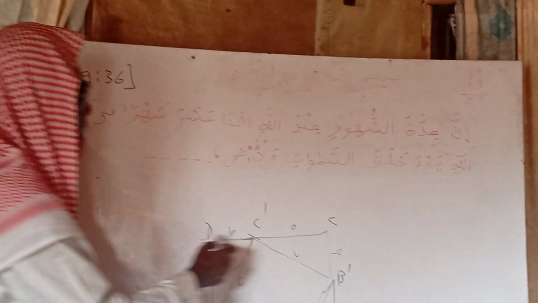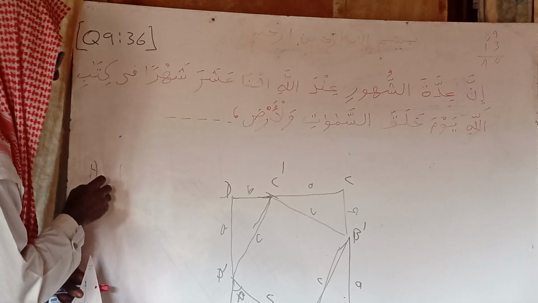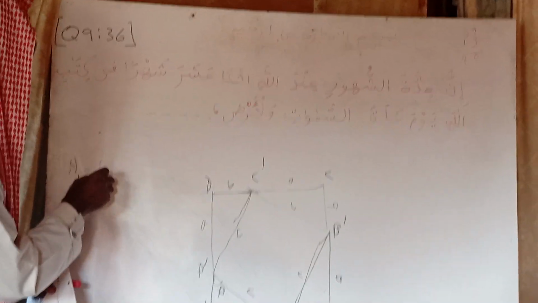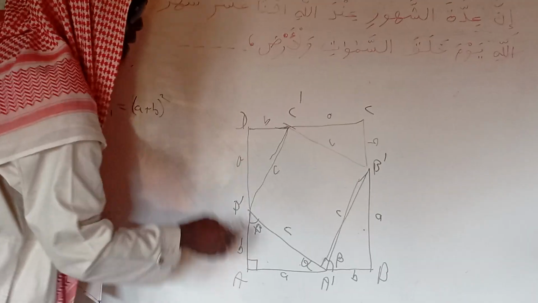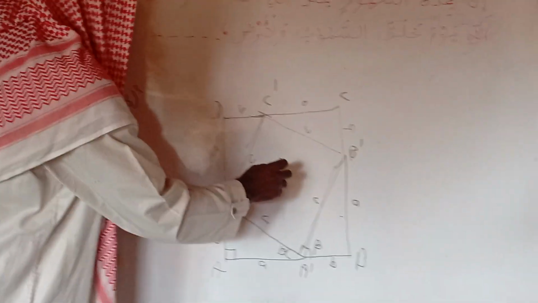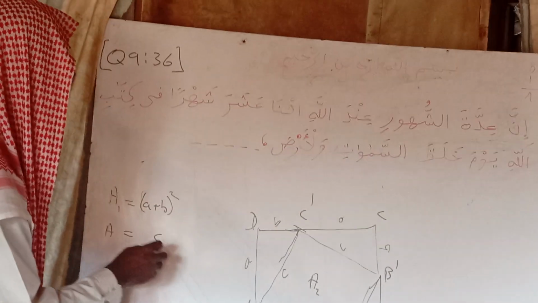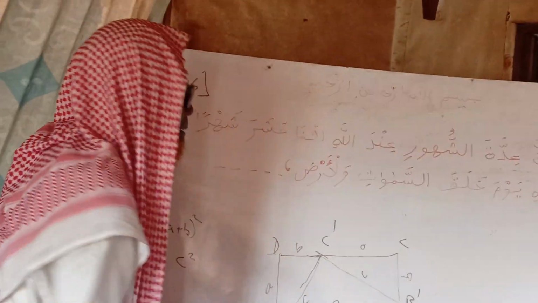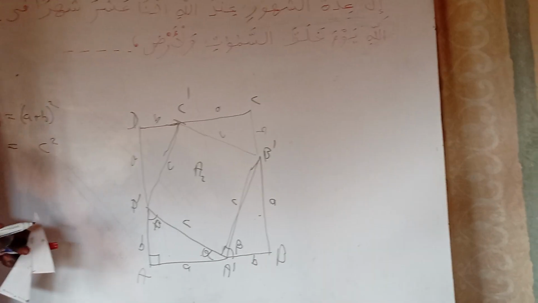The area of the big square, call it A1, is equal to A plus B all squared, because the side is A plus B. Now the area A2 of the small square inside is just equal to C squared, because each side is C. But we see that the area A2 is equal to the area A1 of the big square minus 4 times the areas of the individual triangles.